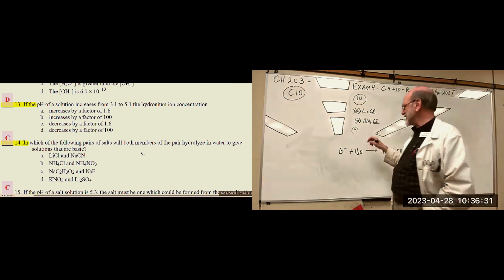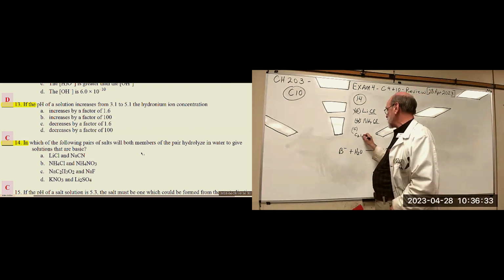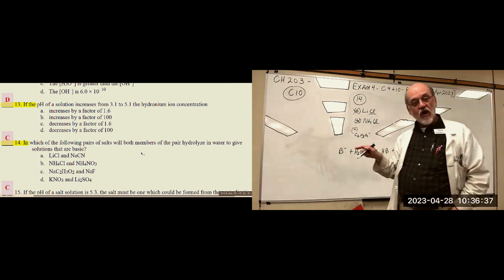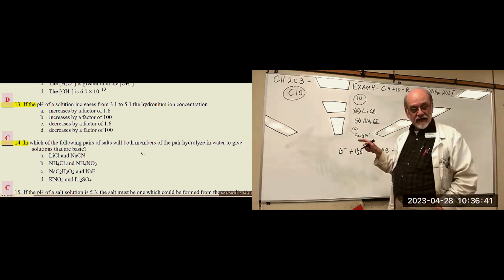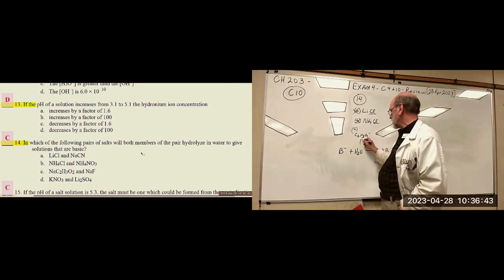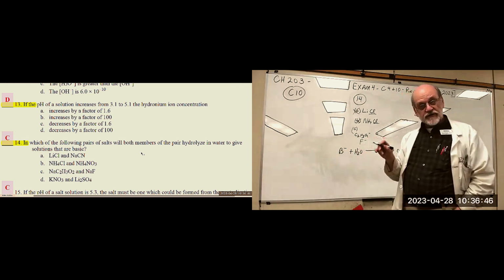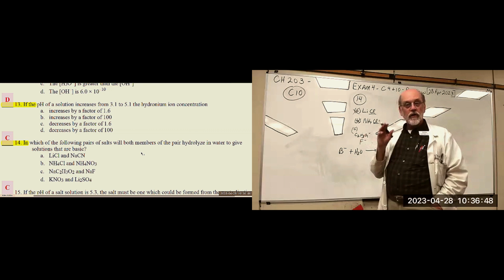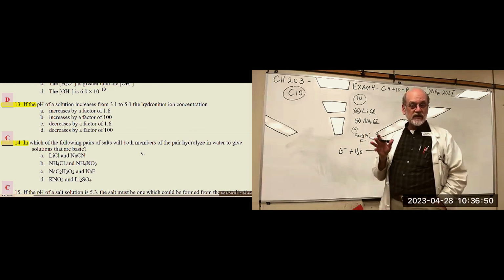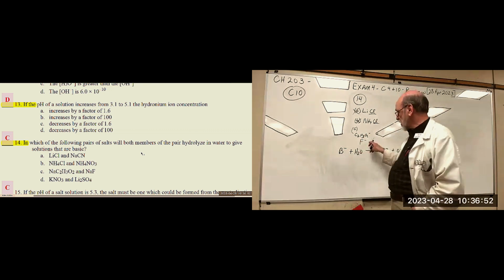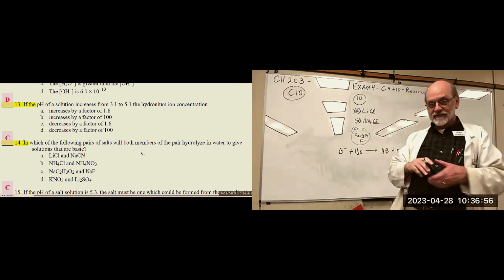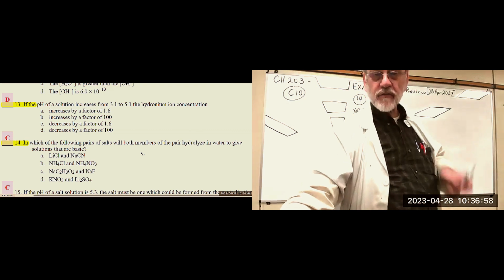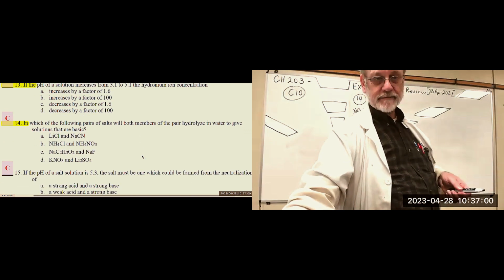Sodium acetate. C2H3O2 is the strong conjugate base of a weak acid, acetic acid, and sodium fluoride. The hydrogen fluoride, or hydrofluoric acid, is weak. So this is a strong base. That one works. That will produce a basic solution for both of the salts.